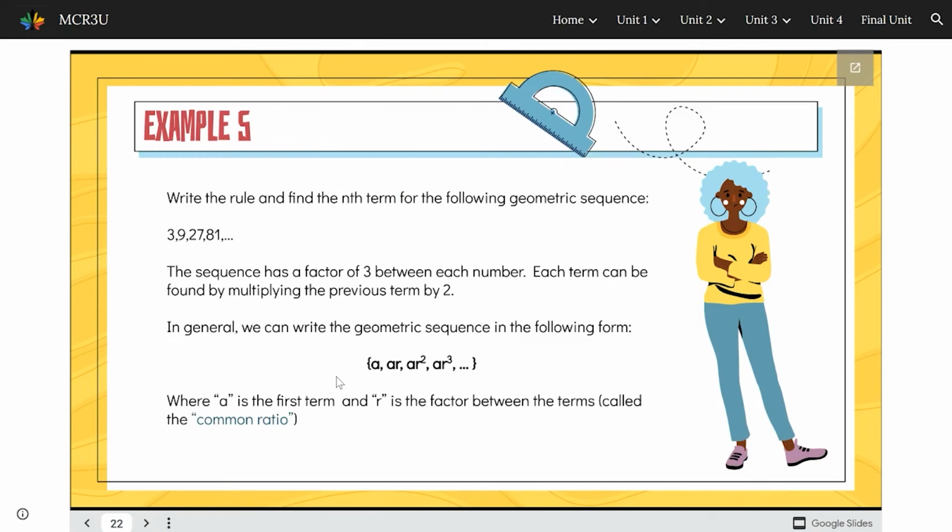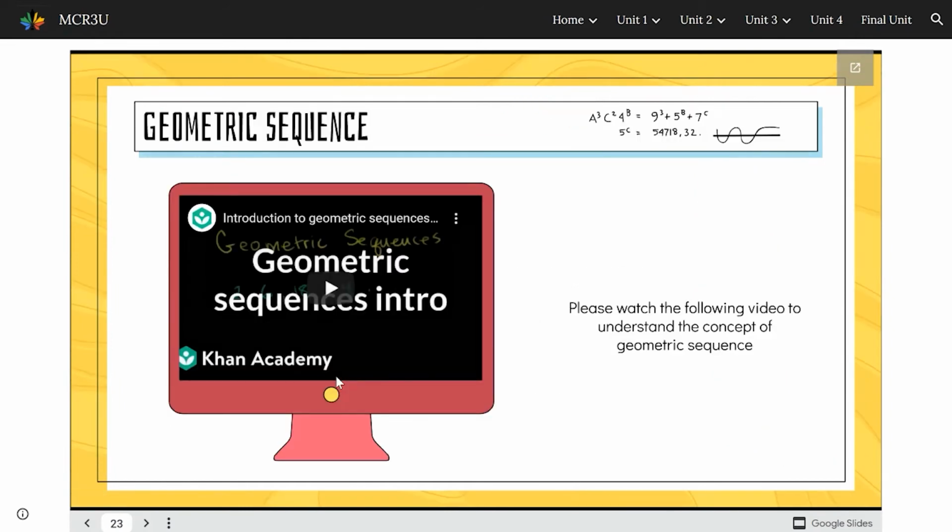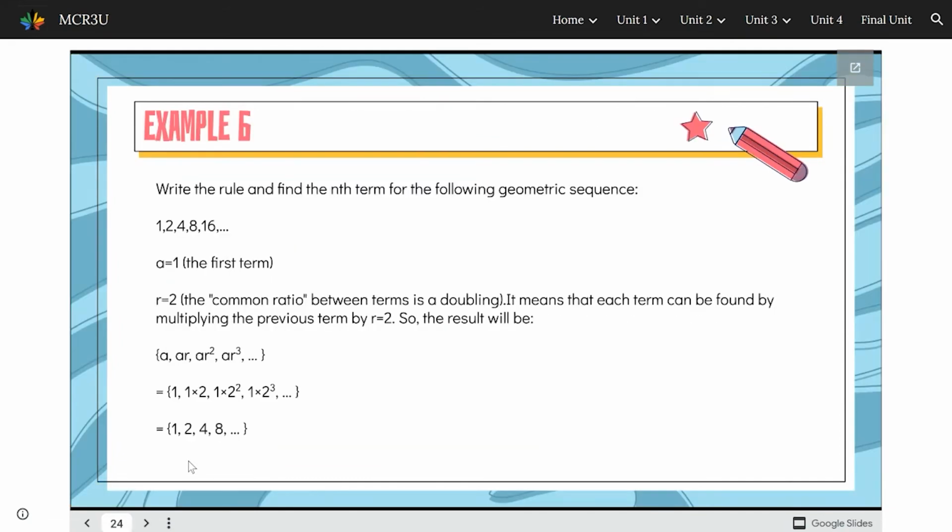Next, writing the rule and how you can find the common ratio. Here is one video. I watched it before, and it's very good to help you understand. Next, again an example, the same example, simple and helpful.